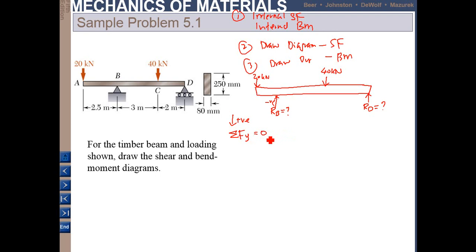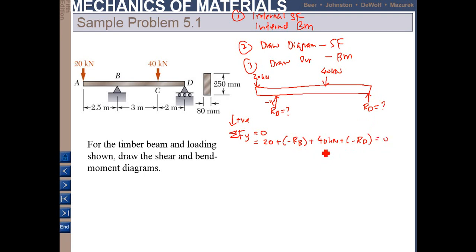So it is equal to 20 kilonewton minus reaction force at B plus 40 kilonewton minus reaction at D, because this direction is going up, that's why it is minus. So this is equal to 0.